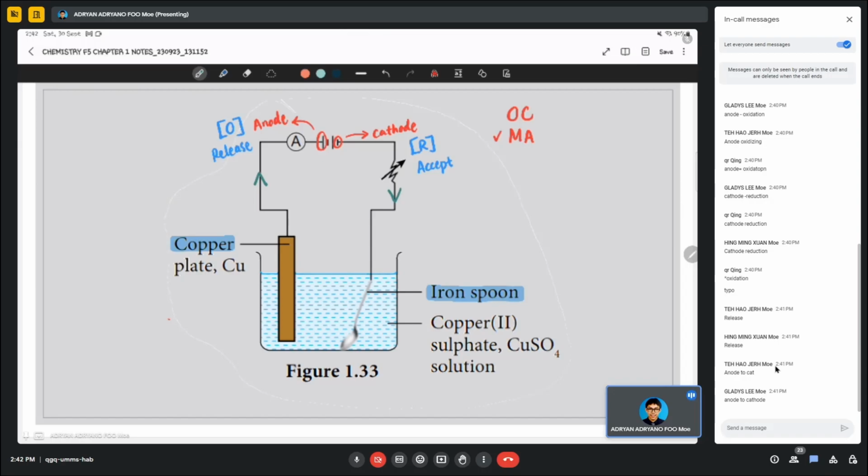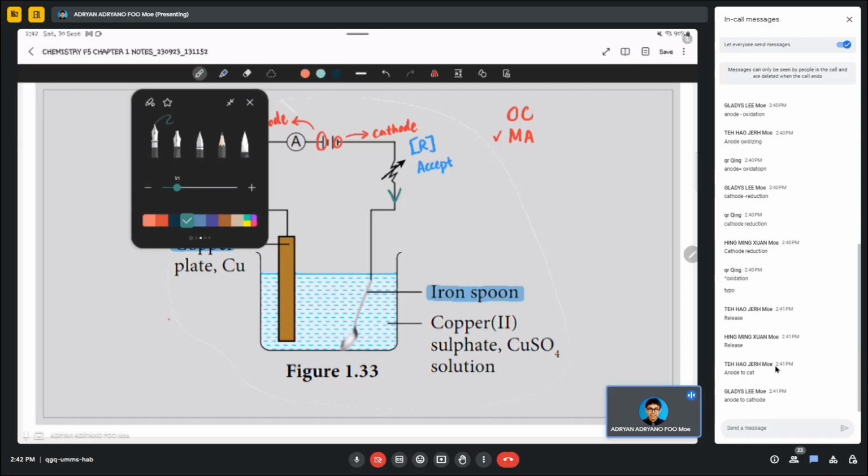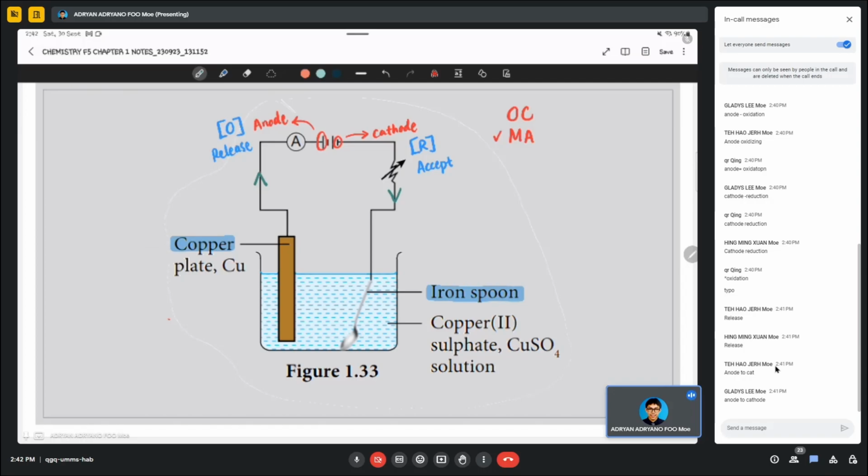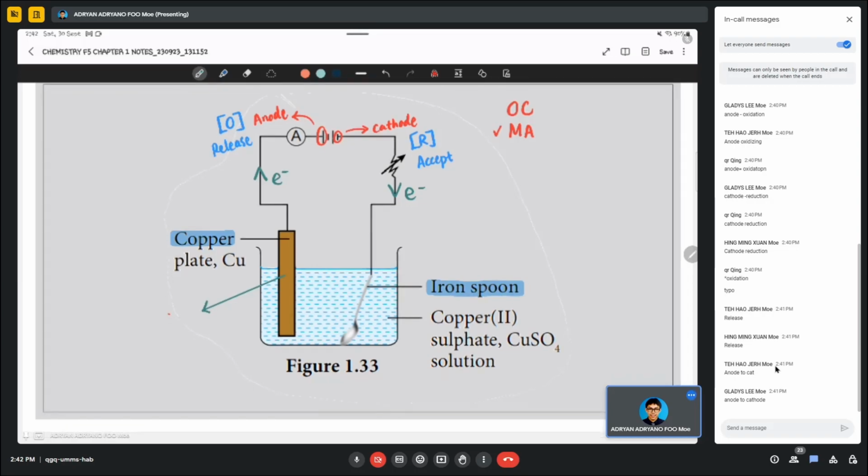I know that just now it released electrons, so it is electrons that flow. Then what happened to the copper? Its observation: it releases electrons, oxidizes, and becomes thinner.